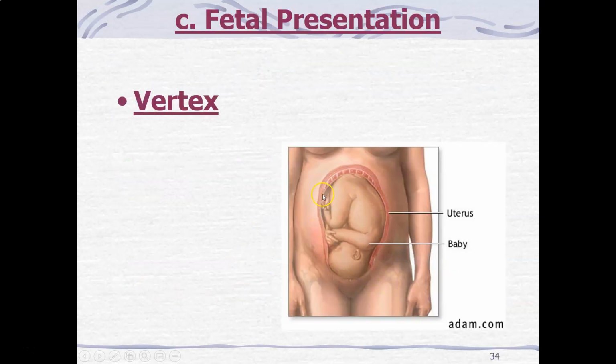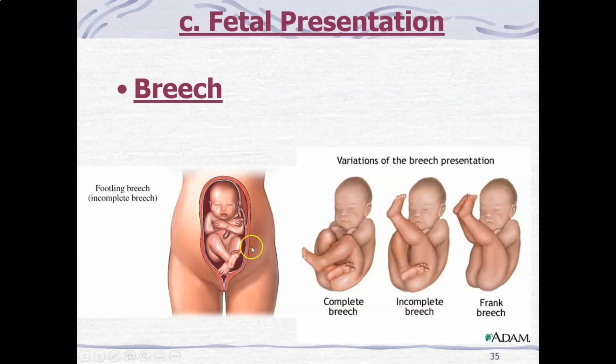So here's your vertex presentation or cephalic presentation. All right, this is what we want to have. And then we've got a breech presentation, and we can have variations of a breech presentation. We can have a complete breech like this, where the feet are up, and they're always kind of crossed like this, and just the buttocks presenting.